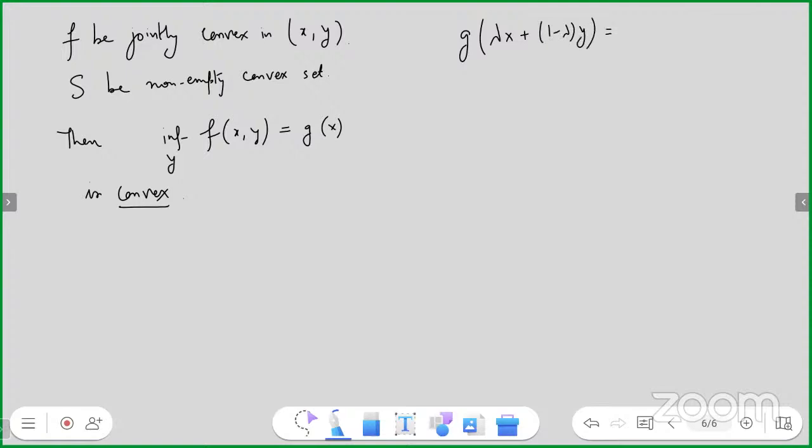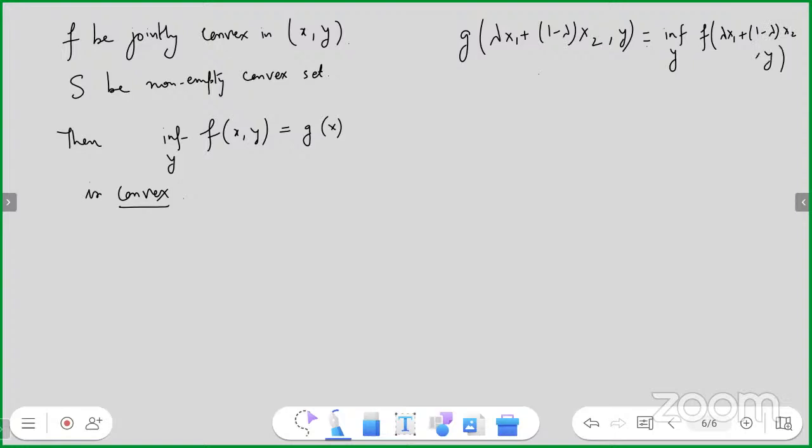This is equal to inf over y. Okay, sorry, I shouldn't use y here. Let me use x1, x2. So g of lambda x1 plus 1 minus lambda x2 is equal to inf over y of f of lambda x1 plus 1 minus lambda x2, y.